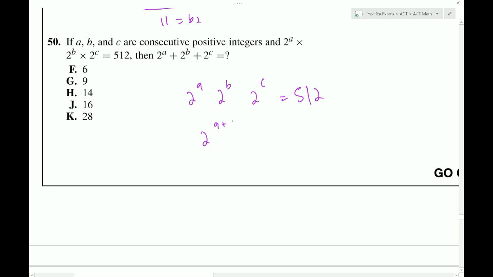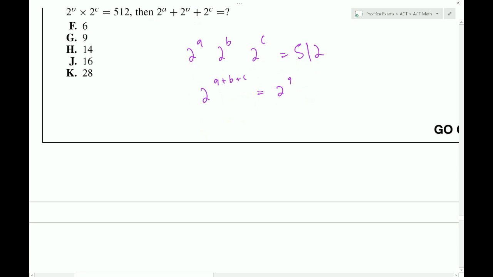So we should get 2 to the A plus B plus C equals 512. Now we should recognize that 512 is a power of 2. You may not know which, but it's actually 2 to the 9th. If you didn't know that, you can start experimenting with trial and error on your calculator, doing 2 to various powers. So here we can set A plus B plus C equal to 9, because these 2's sort of drop out.